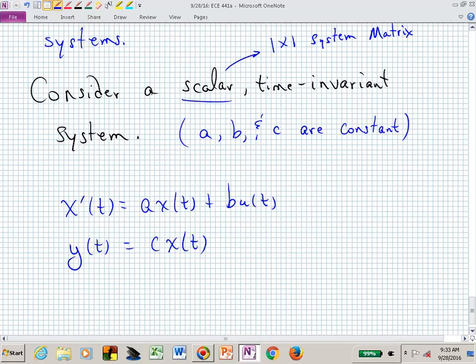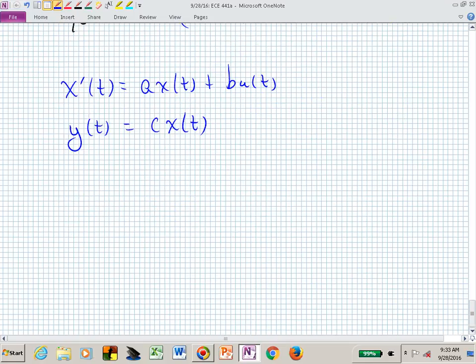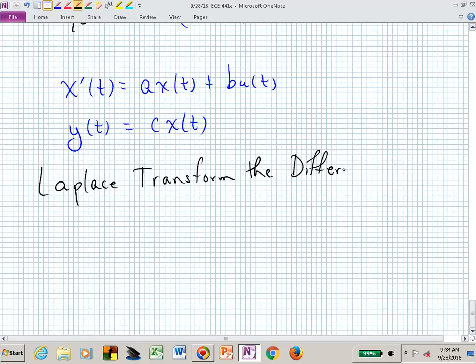And what we want to do now is find the solution of that first order differential equation. And we can do that by Laplace transforming. And because we now want the solution, we want to keep track of our initial conditions.